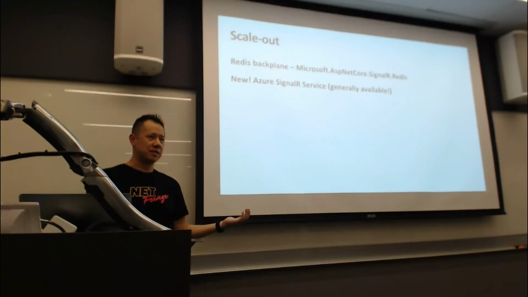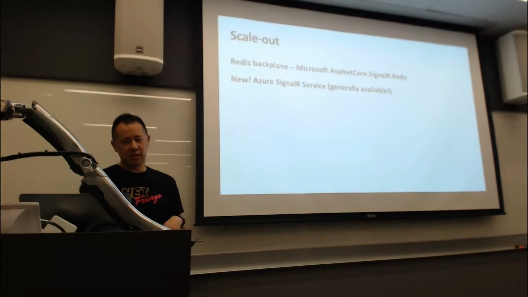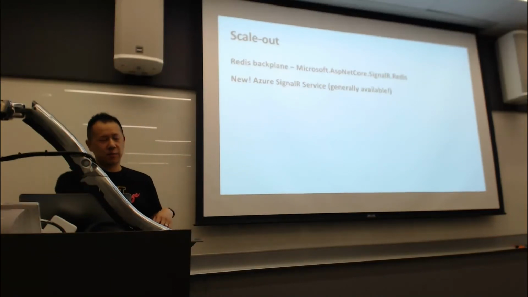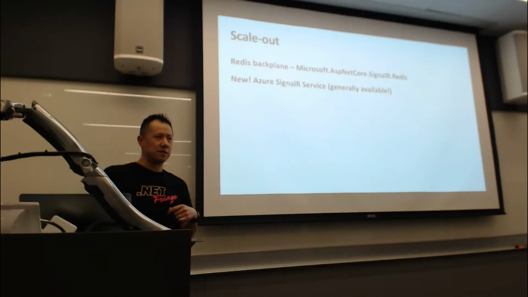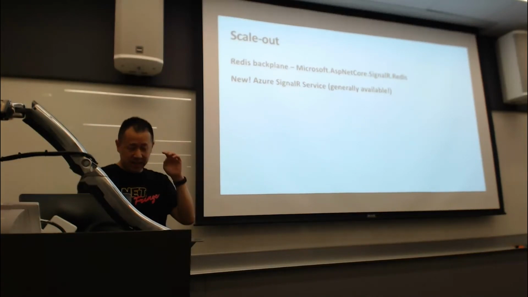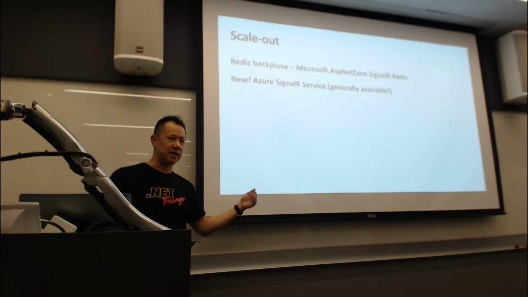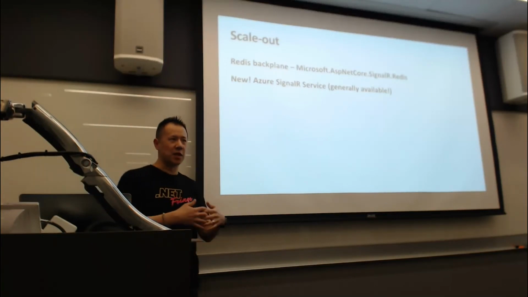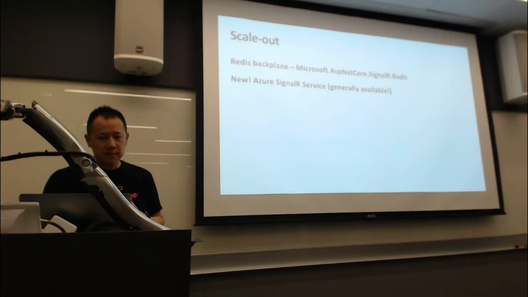There's probably not just one instance, because we want it to be highly available, so make sure that you stand up a cluster. Same thing if you want to use SQL Server or Service Bus. You have to stand those things up yourself and then connect your SignalR applications to them so that they can act as your backplane.